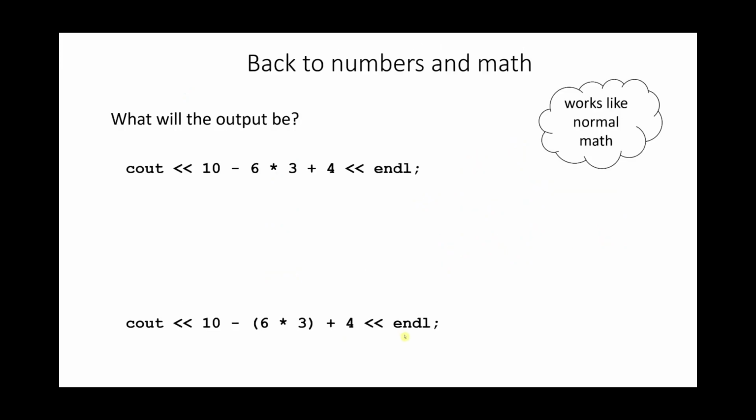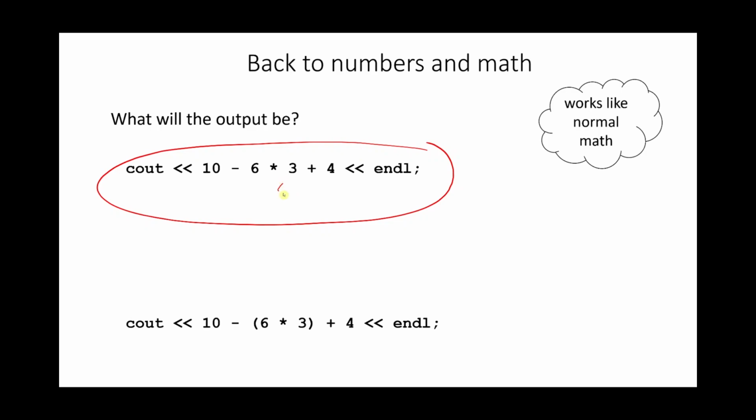Okay, so what is the output of this statement? Let's work like math. First thing you do in math is look for parentheses, which we don't have, but then you look for the multiplication or the division. Oh, we have multiplication. We do it first. So 6 times 3 is going to be 18.